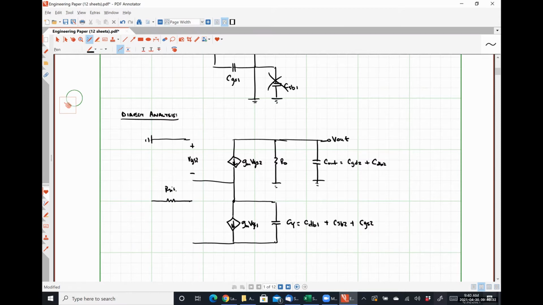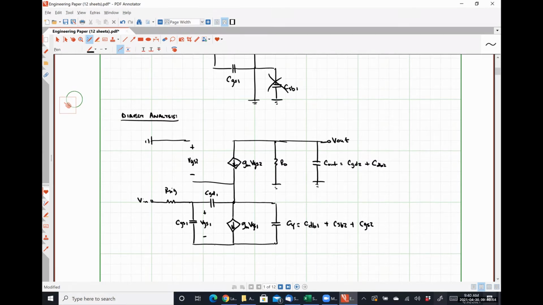Here is R sig. Here's Vn. Here's my capacitor, CGS1, over which the voltage drop VGS1 occurs. And here is my capacitance, CGD1. And down here is ground.